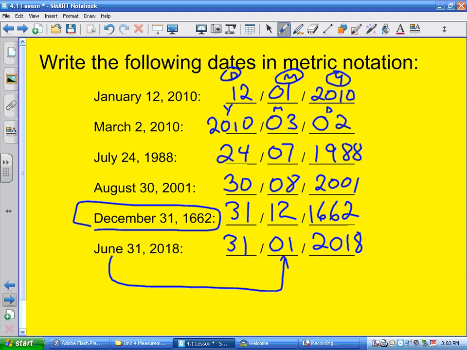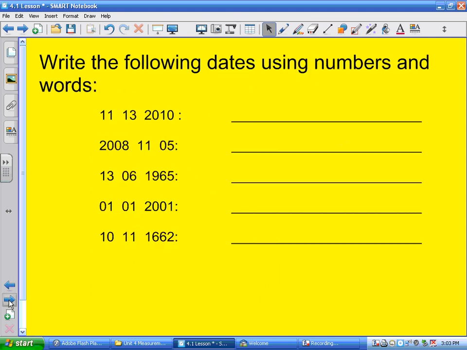Is June the first month of the year? No, so this isn't counting with you, okay? January, February, March, April, May, June. There you go. This is supposed to be 06. If you're not sure about that, you can check your agenda, because your agenda has a calendar in it. Now, let's see if you can figure out what these dates are from the numbers this time.